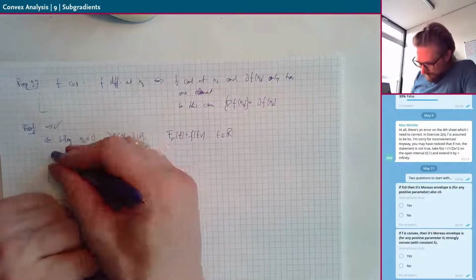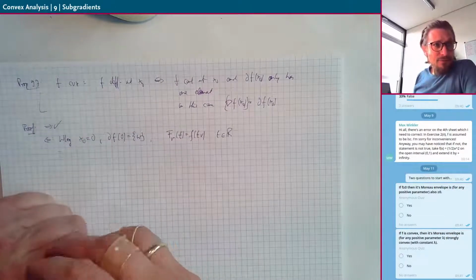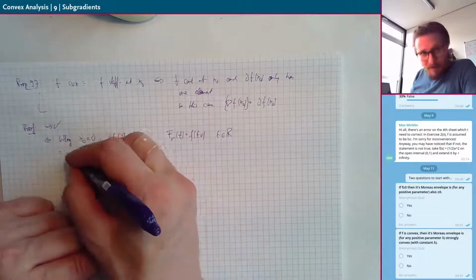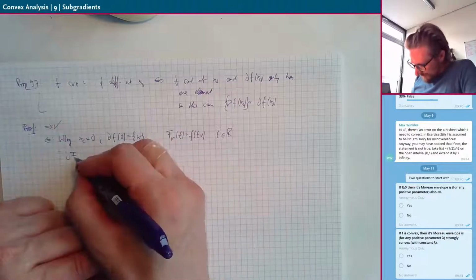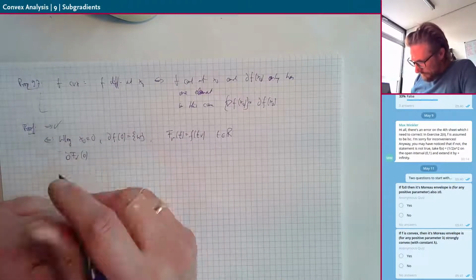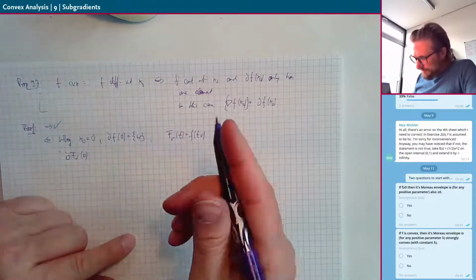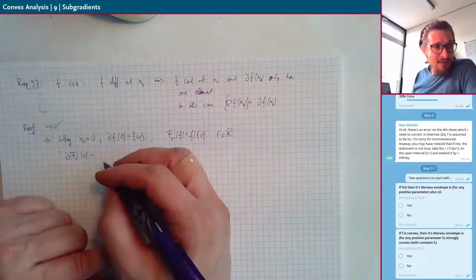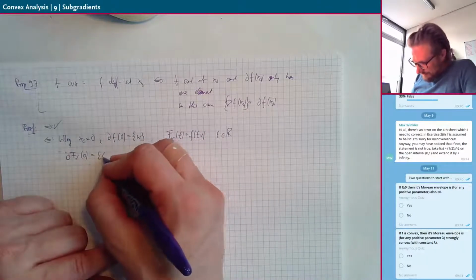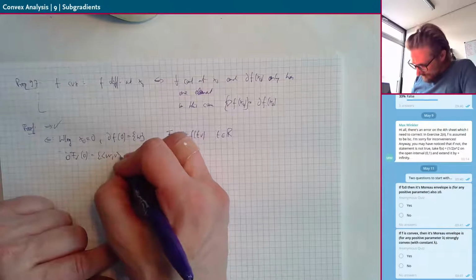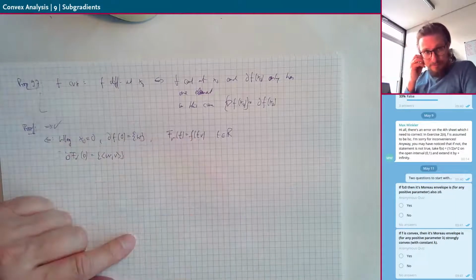So what is the subgradient of that function F_v at 0? It's simple to write down, and simple to check, that it's exactly the inner product of v times w.